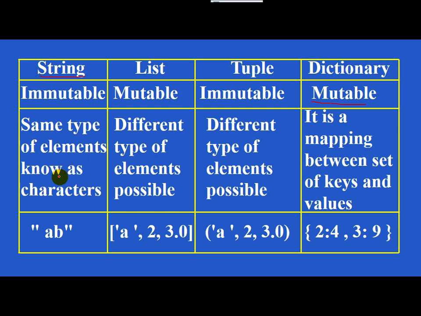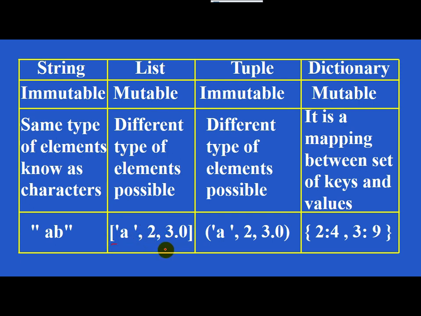Now string consists of same type of elements known by the name characters. See, character A, character B. If I write 1 here, it will be treated as character 1, not integer 1, because string consists of same type of elements known by the name characters. List may contain different types of elements. See, this is a string or a character. This is an integer. This is a floating point number or decimal number.